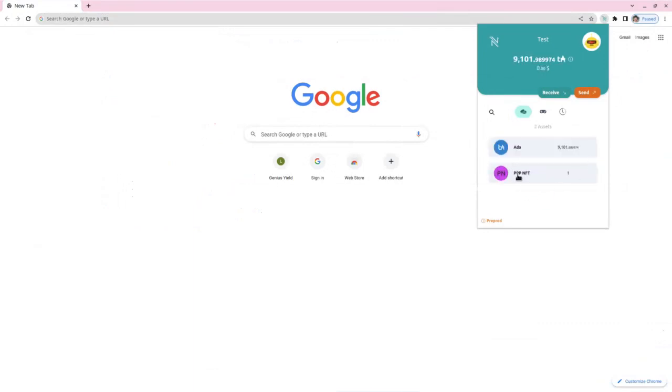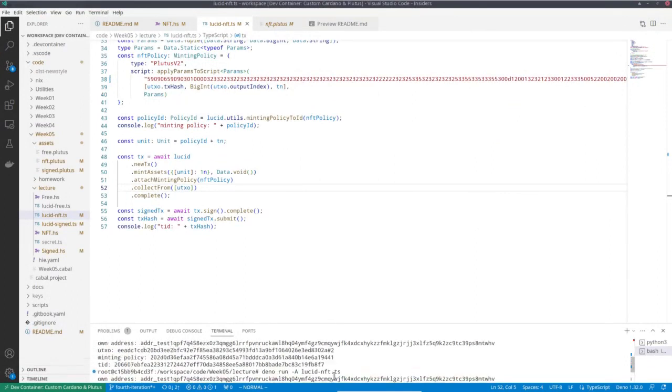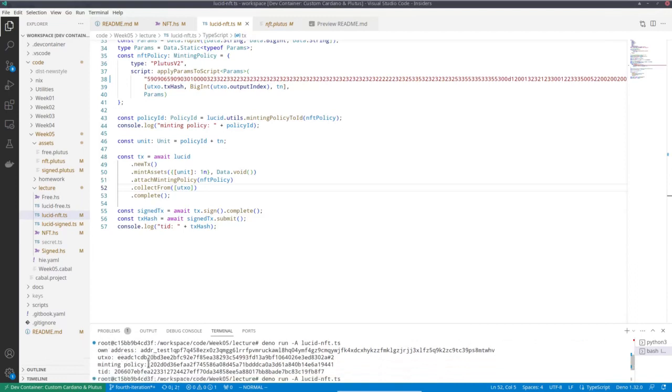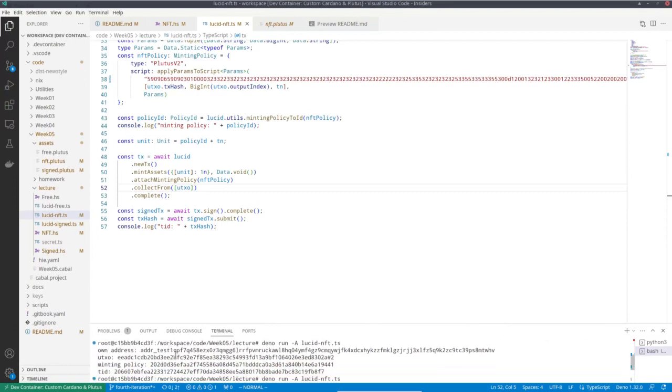The NFT hasn't arrived yet. And there it is. Let me just run the same script again. And it worked again. And now we see that the UTXO that we picked the first time to be consumed starts with EEADC. And now the second time, it's a different one. That's exactly the point, this trick, how we achieve a true NFT.